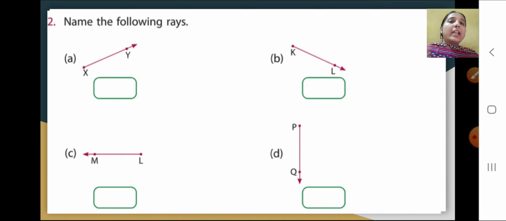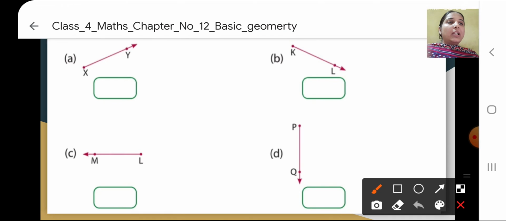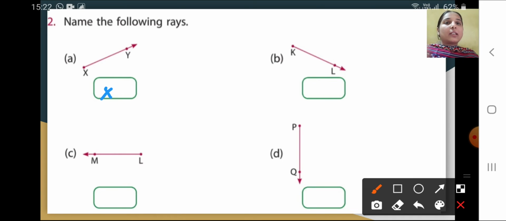First we start with the end point. Can you see the end point here? Yes, it is X. So first we will write X, then Y, and then what we will do? Yes, we will draw a small arrow just above that. Okay? So this will be ray XY.